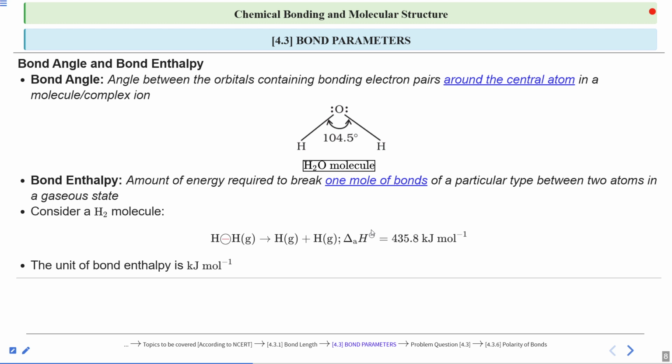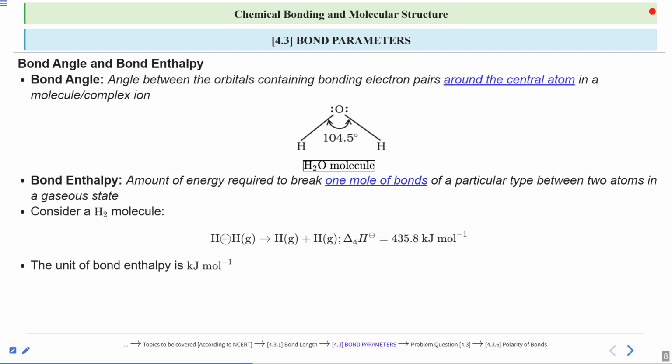Now, a peculiar representation has been given here. If you see here, the enthalpy change is being represented by delta subscript A H. Why am I telling you this? If it is bond enthalpy, there must be a similar subscript below instead of this A, because this A represents enthalpy of atomization, and enthalpy of atomization is equal to the bond enthalpy.